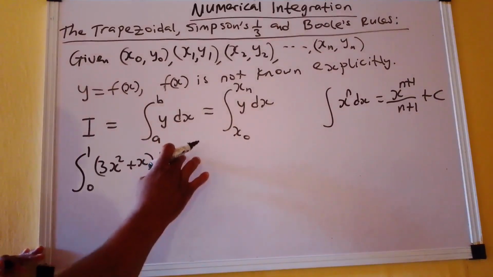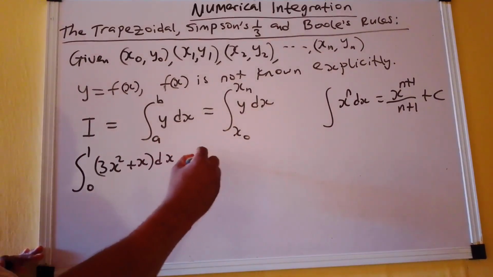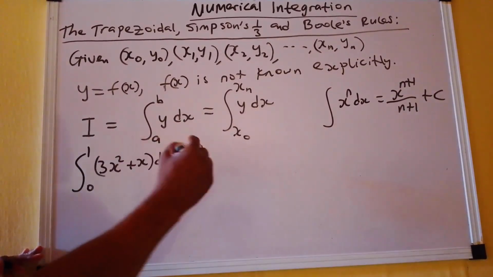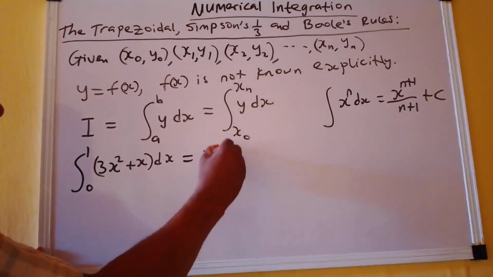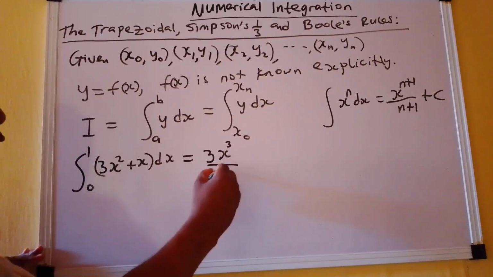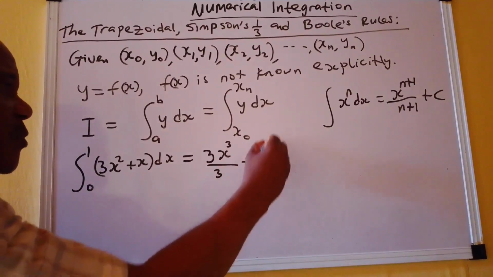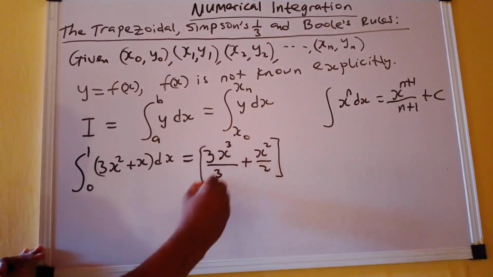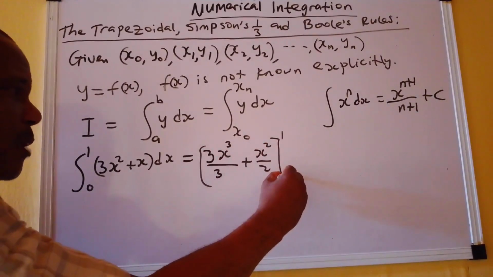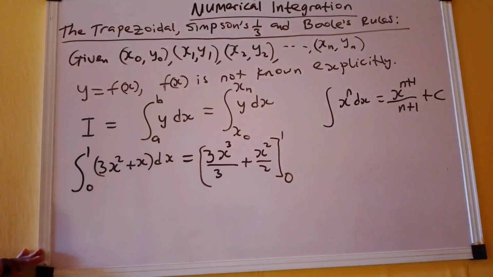So if I want to carry out this integration, if I integrate, this will be 3x raised to the power 3 all over 3 plus x squared over 2. Then the upper bound is 1, the lower bound is 0.